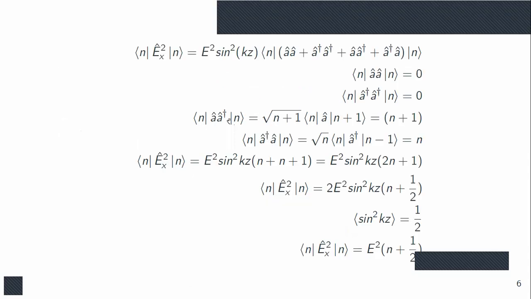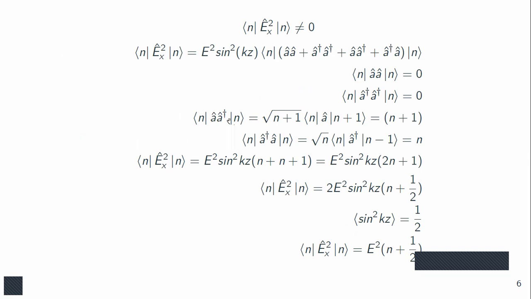But the expectation value of the amplitude square does not equal 0; it is a non-zero value. We could calculate it easily by taking the square of the field amplitude operator and expanding into the annihilation and creation operators, and making use of the property of the creation and annihilation operators on the given Fock state.